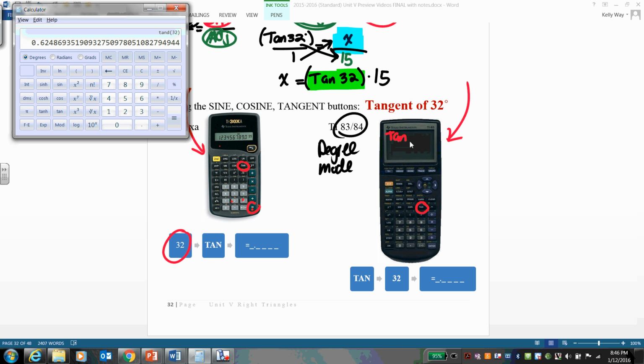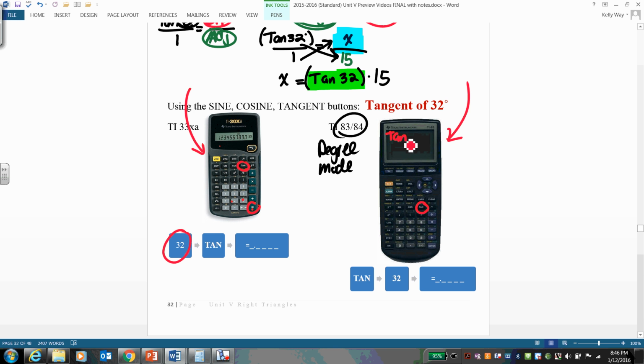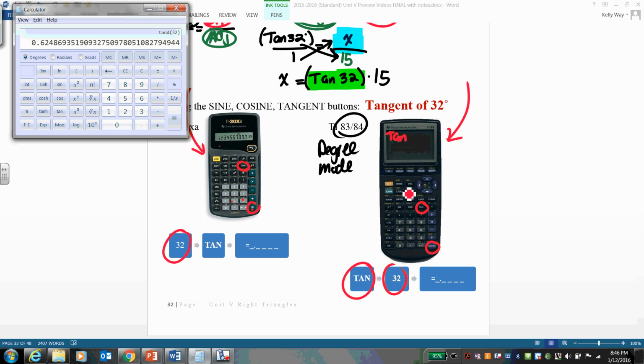The rest of you, if you see the word tangent, you hit the tangent button, you hit 32, and then you hit enter. You should be getting the exact same thing. And you're going to take it to the 4th decimal place. Check your calculator. It should match mine. It's 0.6245.